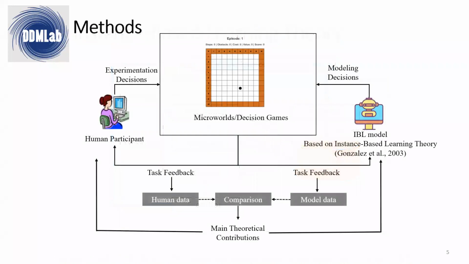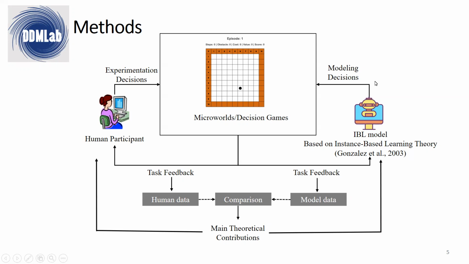Now, this theory came through a process. And this is a picture of the generic methods that we use in my lab. The process starts with a task, or we call it a microworld or decision-making game, in which humans make decisions and we run experiments and collect data. But we also create models that are based on instance-based learning, as well as other types of models.